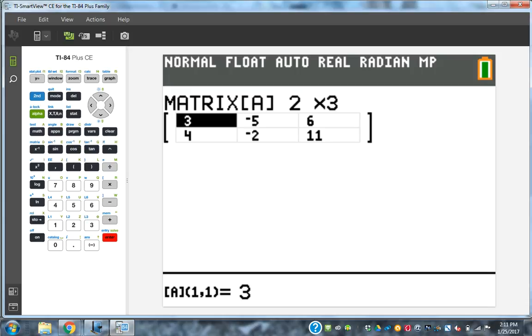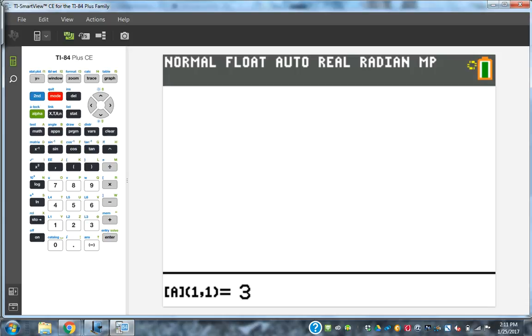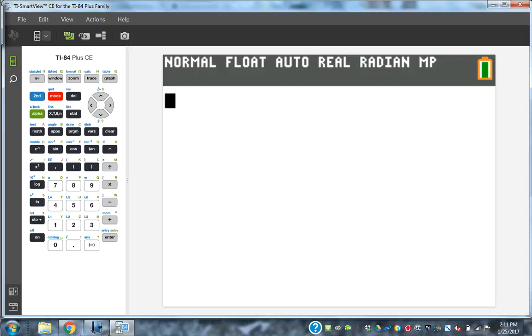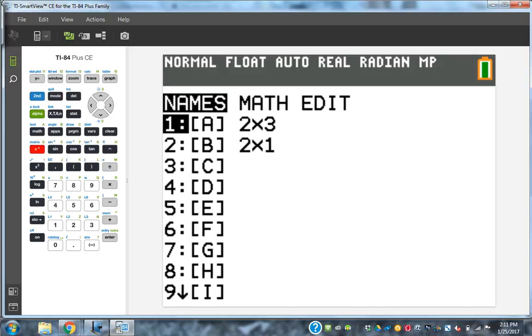All right, now we have to enter the second matrix. So let's hit second and then the mode button to get back to the regular calculator screen. And then go back to the matrix menu, second, X inverse.